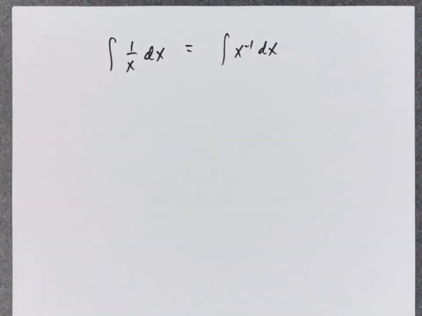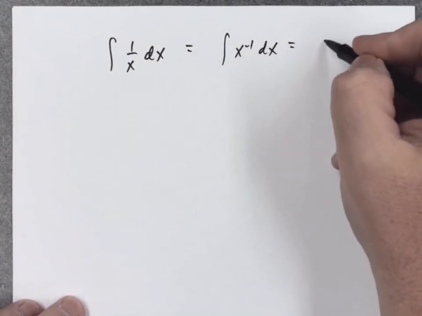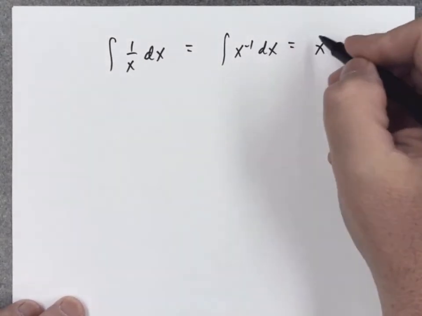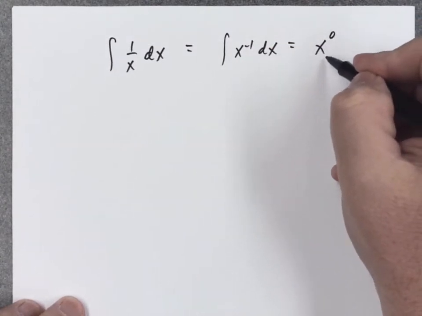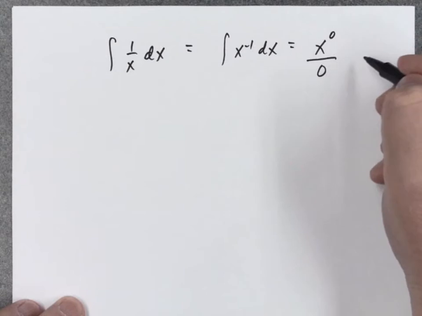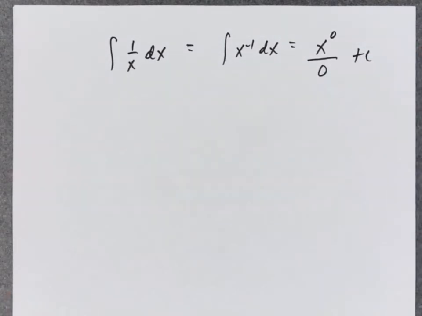So 1 over x is the same thing as x to the minus 1. So now, power rule says you add 1 to the exponent, minus 1 plus 1 is 0, and you divide by the new exponent.